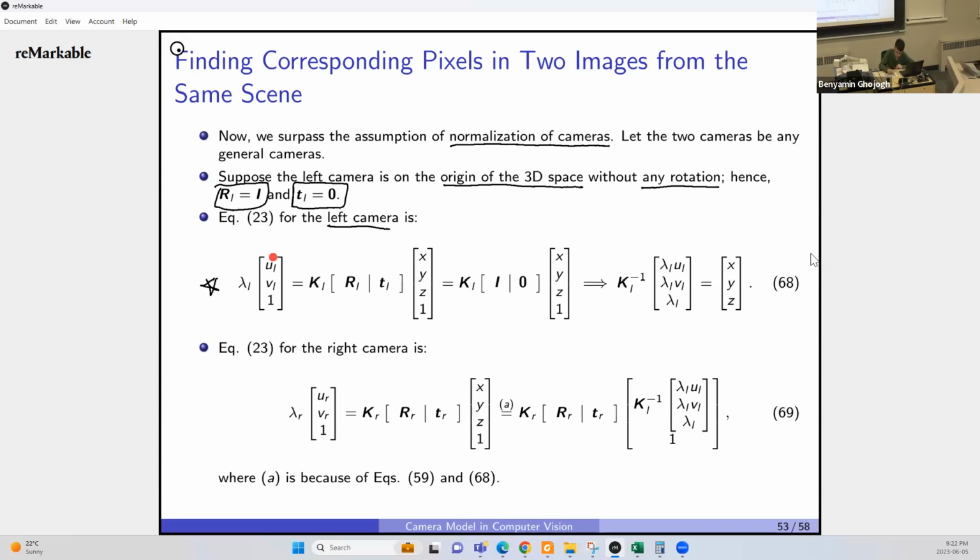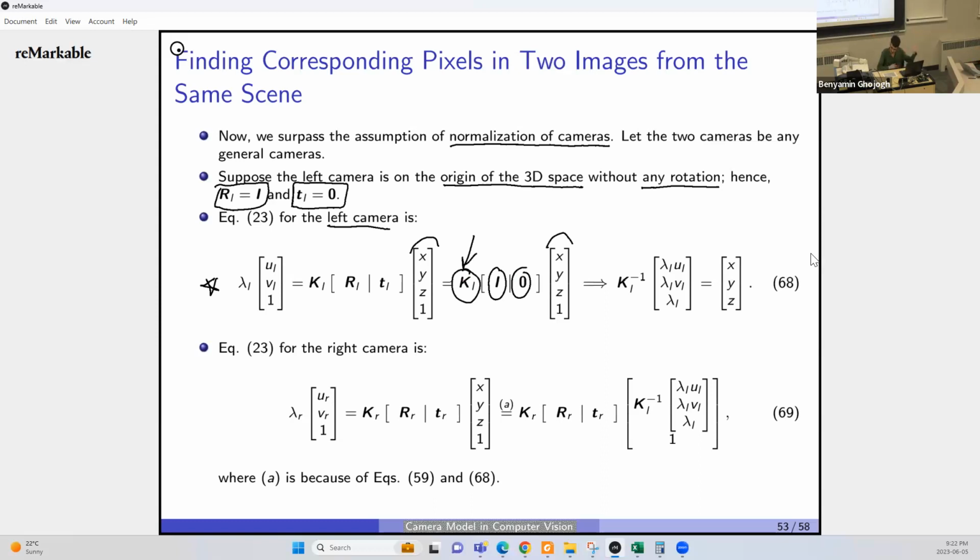So I write it for the left camera. I have lambda L UL VL 1 equals KL RL TL XYZ1, because XYZ is the same object for the two cameras. We don't use L for them. Like before, RL is I, TL is 0, but this time KL is not I. I have KL. Okay, this KL is a pain in the neck.